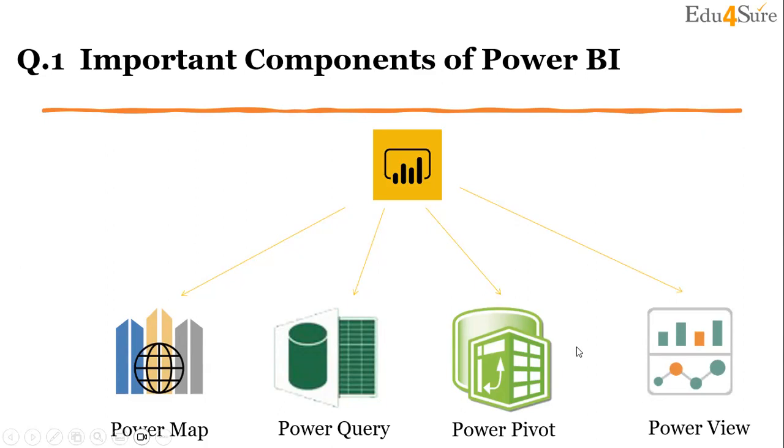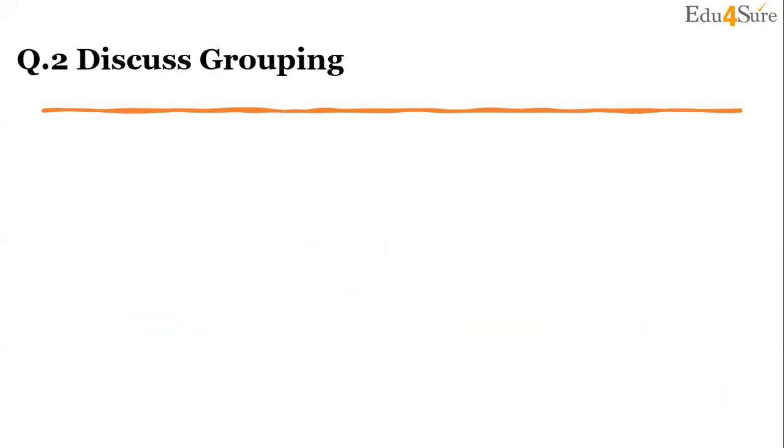If we talk about this concept in Excel also, Power Pivot is a concept where we can create a single pivot table using multiple sources. So the same is the logic in Power BI also. What is Power View? It is helping you to generate the visuals, right? And Power Map, it is helping you to show your data, your insights on a map, right? So these are the 4 components of Power BI. You can answer it this way.